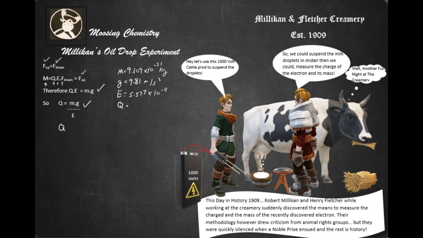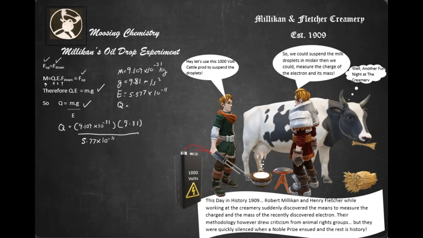Q, which is our charge in coulombs of an electron, equals the mass of an electron, 9.109 times 10 to the negative 31, times the force of gravity, which is 9.81, divided by our electrical field, which is 5.577 times 10 to the negative 11.